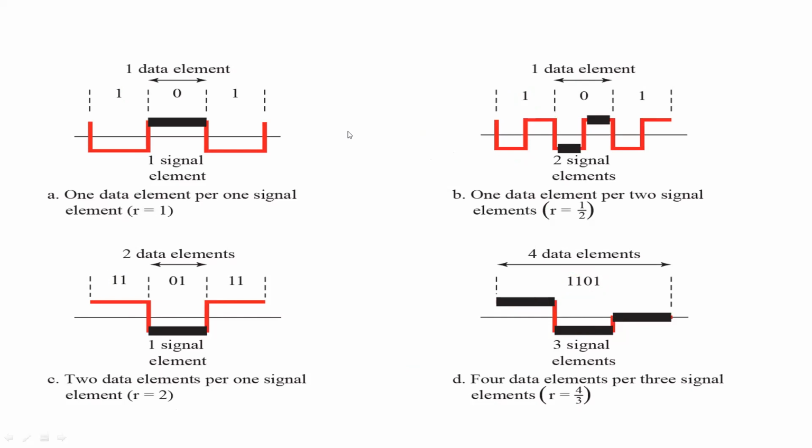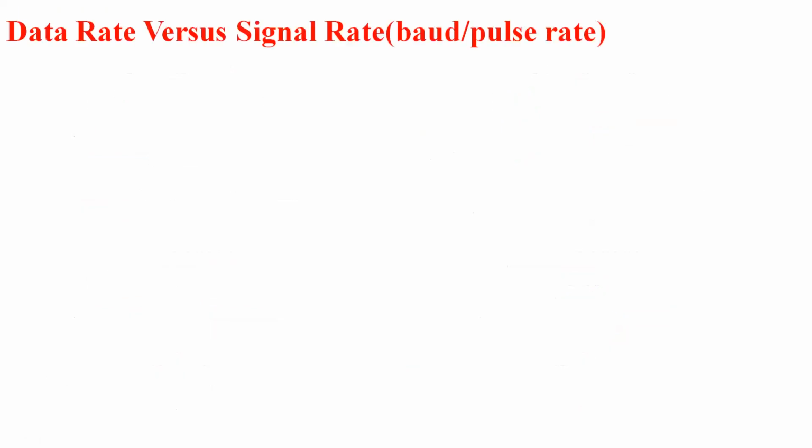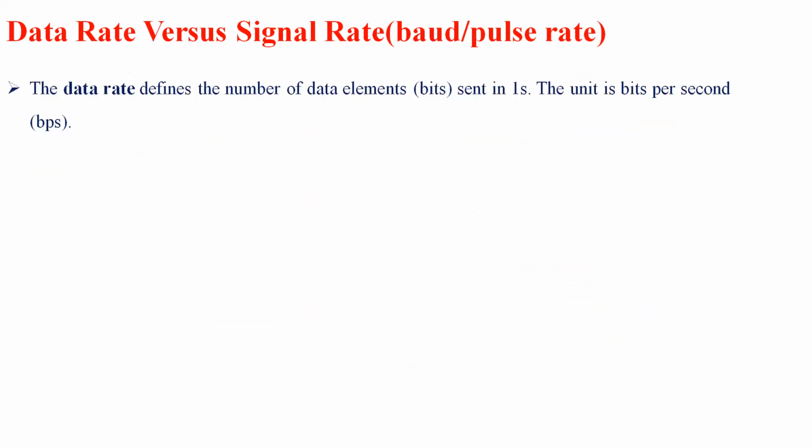This is a very important characteristic of line coding. Next we have data rate versus signal rate. The data rate defines the number of data elements, in terms of bits, sent in 1 second.